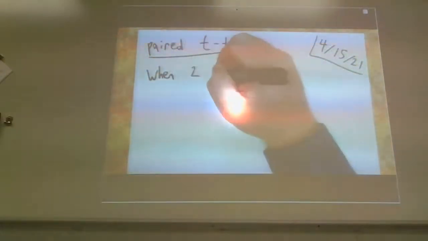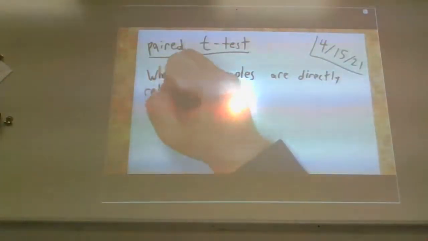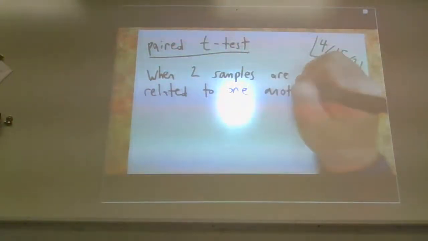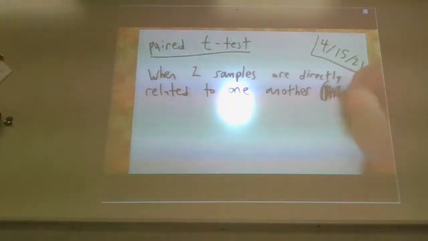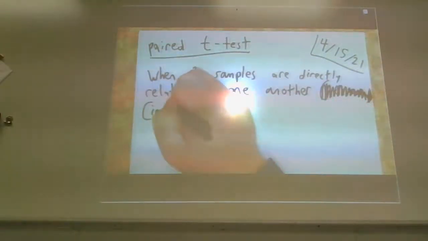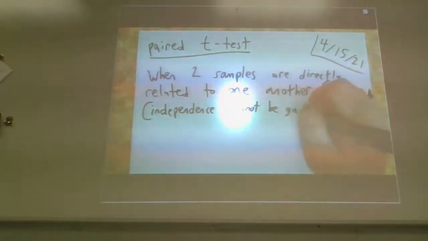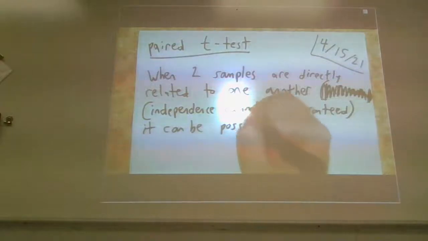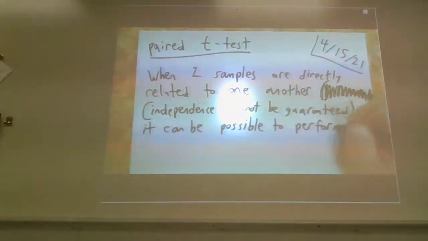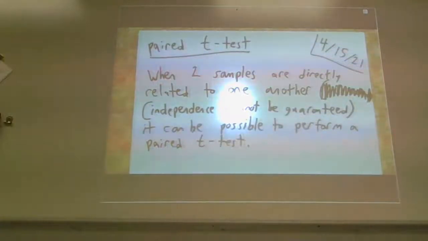When two samples are directly related to one another (parentheses, independence cannot be guaranteed), it can be possible to perform a paired t-test.